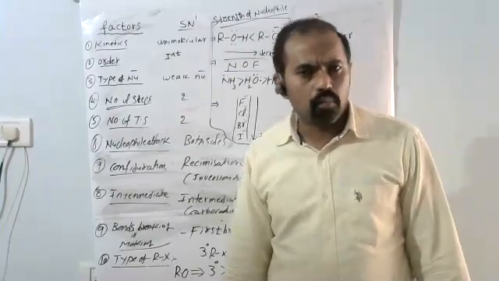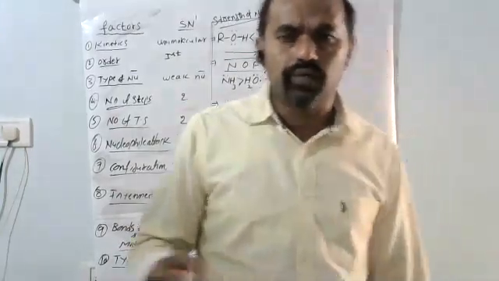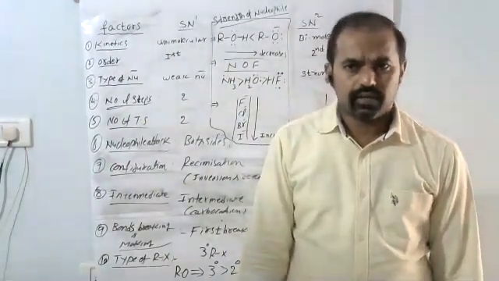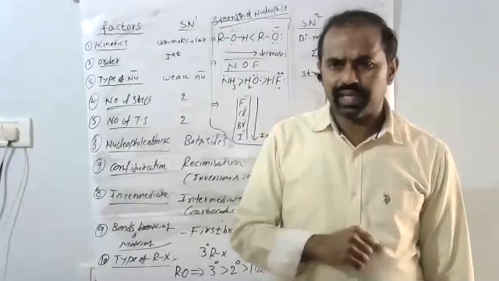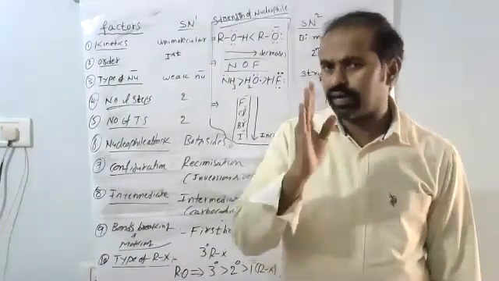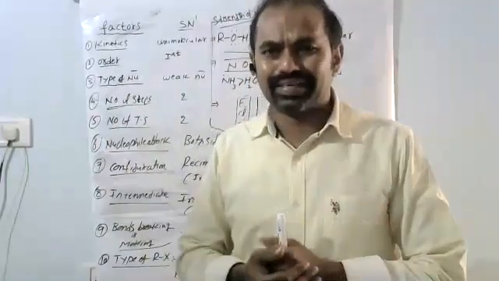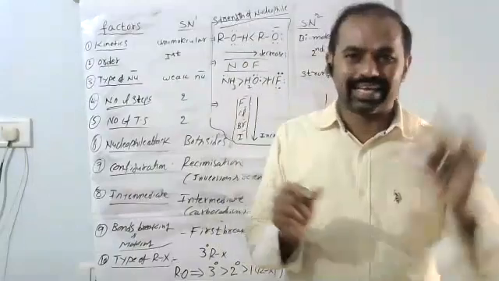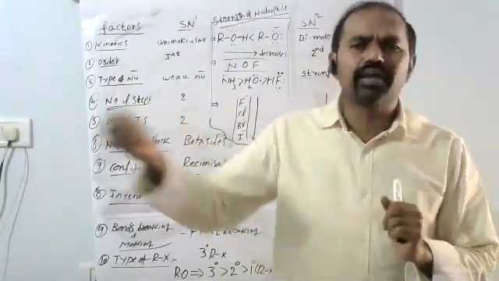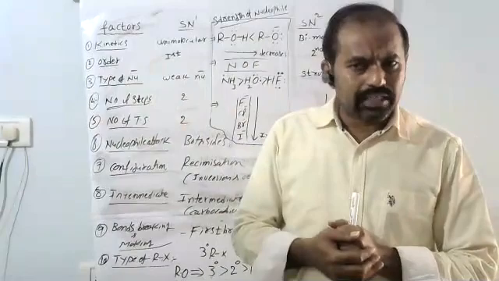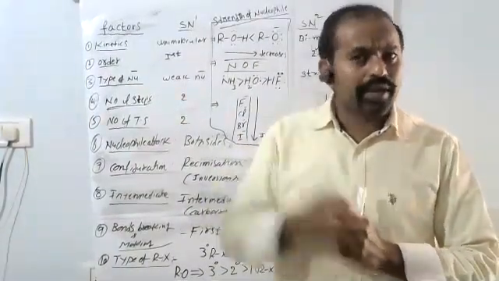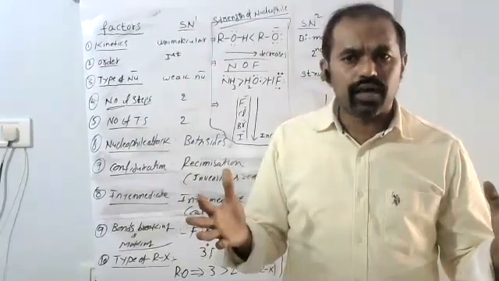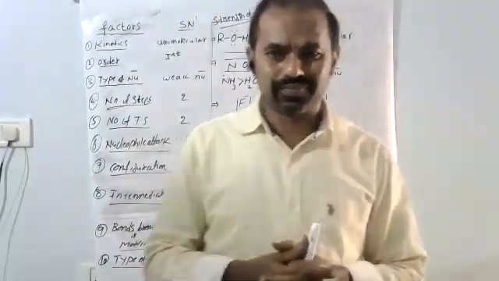Observe once, it is a two-step reaction. In step 1, first the carbon-halogen bond breaks, forming carbocation and Br minus. In step 2, bond forming takes place: the carbocation and nucleophile form a new bond.